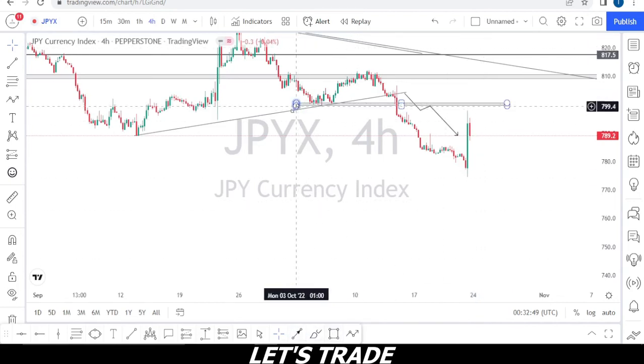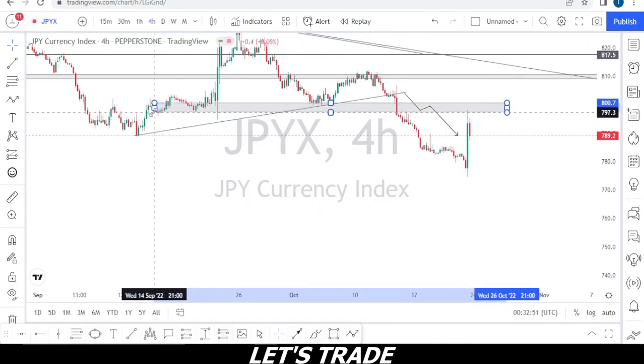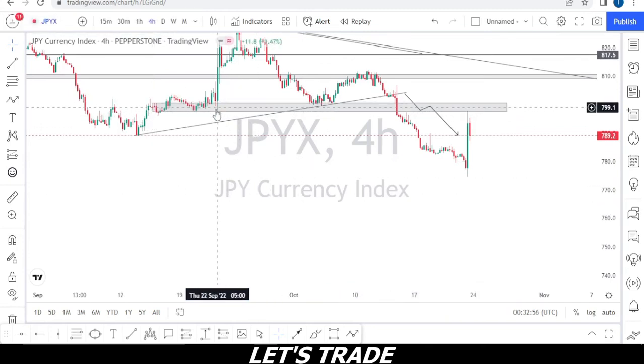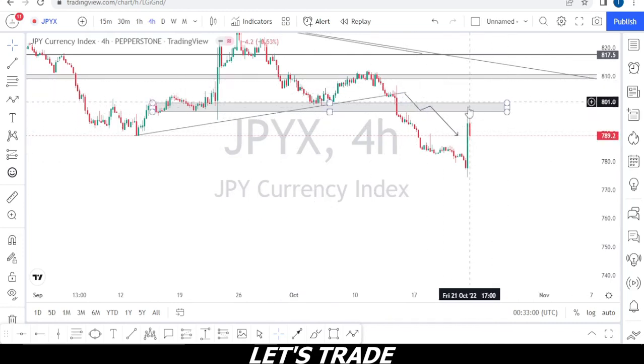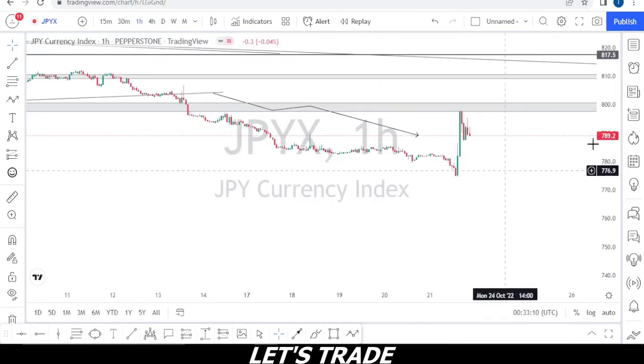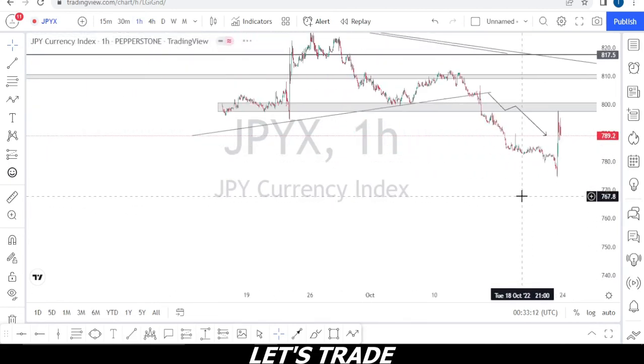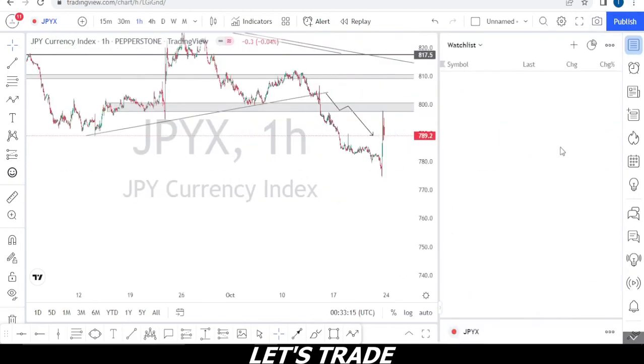In fact, at the moment, I'm even spotting that rejection already looking left. Price has reacted here before, it has reacted here before. Now we broke below, and I can see signs that it is reacting again at the moment. So we are going to wait till Monday and see what we can get from JPY.